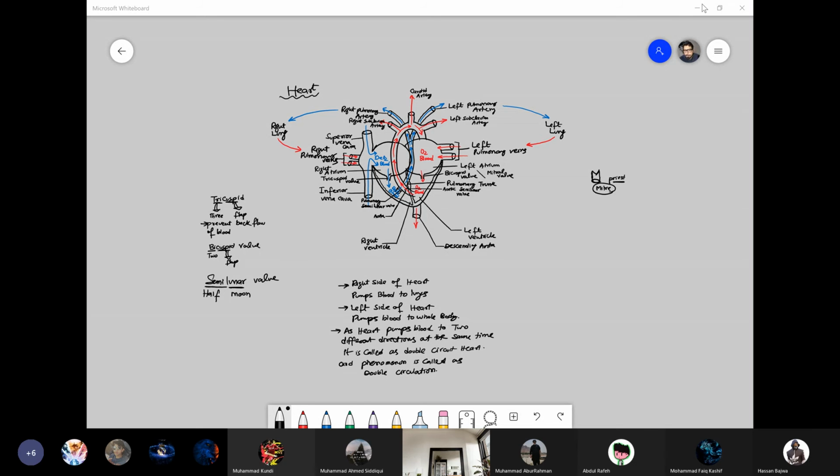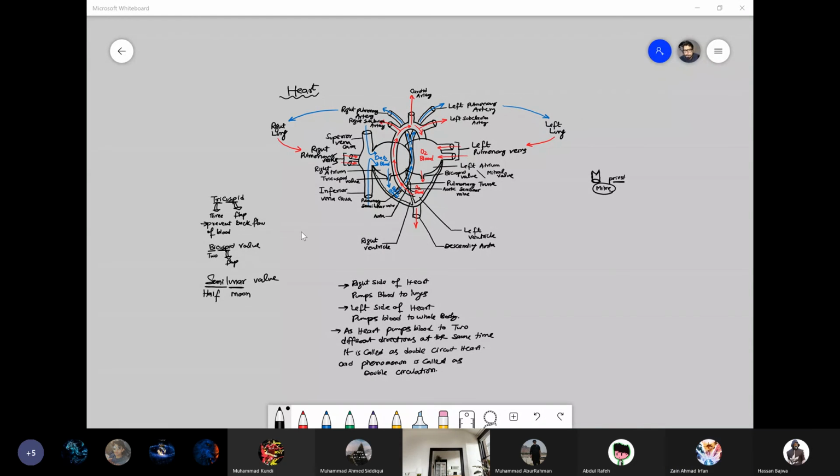Now, boys, I want you all to draw this diagram and share it with me in OneNote. Share it with complete labeling and everything, okay?